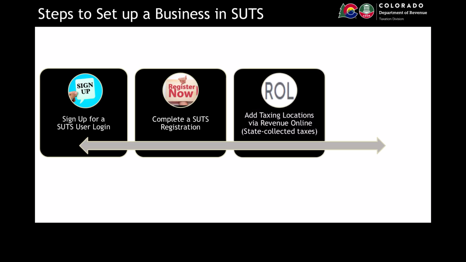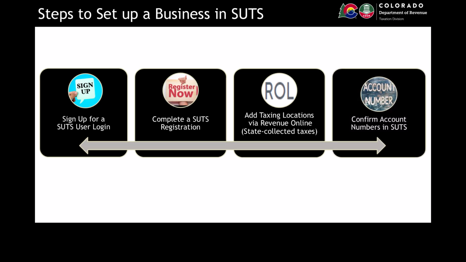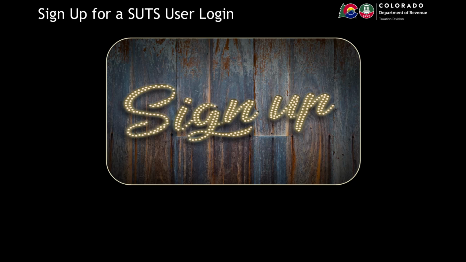Third, businesses using SUTS to remit state-collected sales taxes will need to start by adding local taxing jurisdiction locations through an existing Revenue Online account before remitting state-collected taxes using SUTS. And fourth, all businesses must confirm account numbers and locations in SUTS. Let's start with signing up for a SUTS user login.